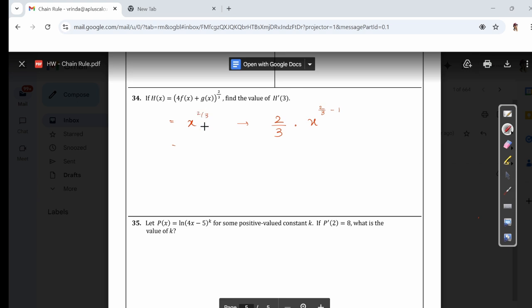This is how you will differentiate this function. What will be 2 over 3 minus 1? Negative 1/3.